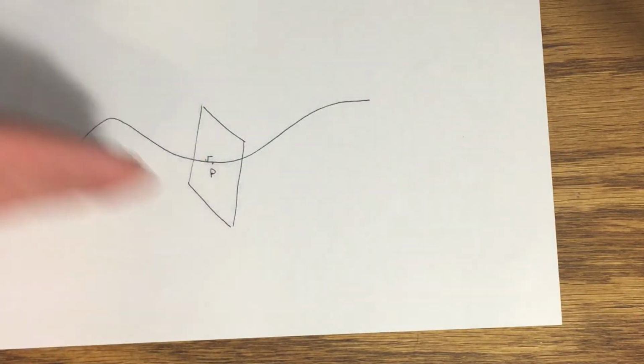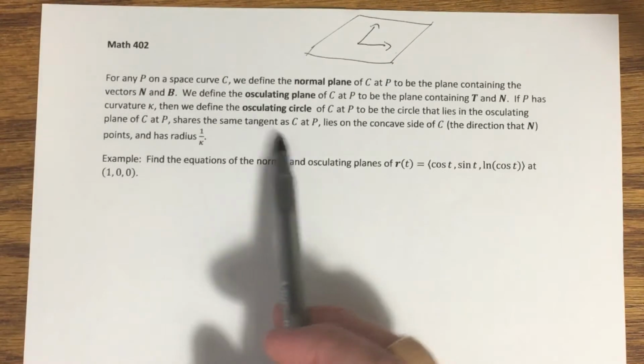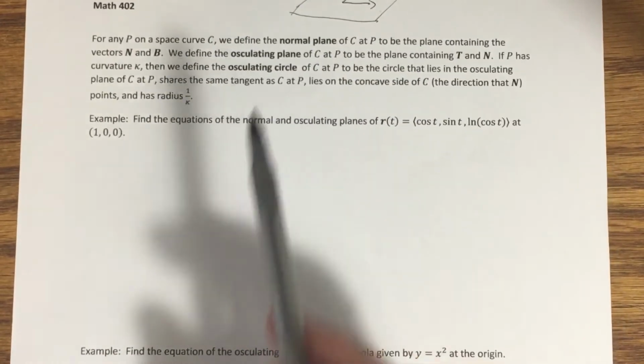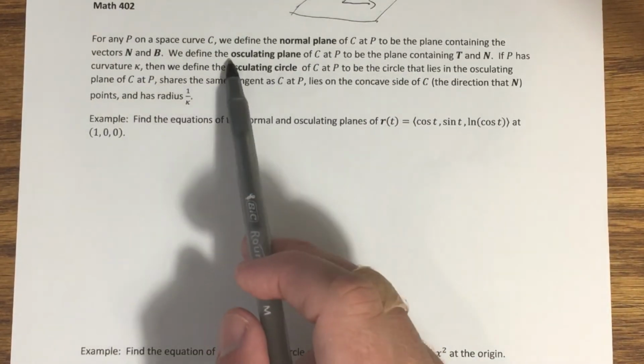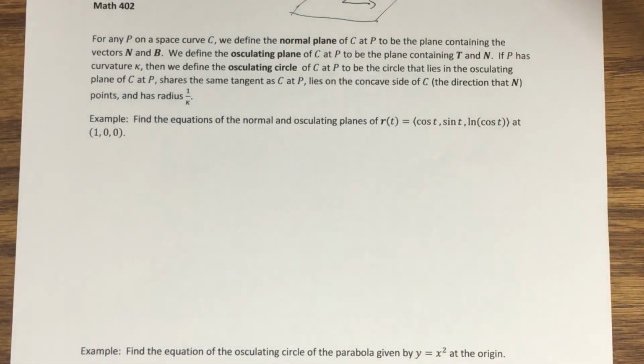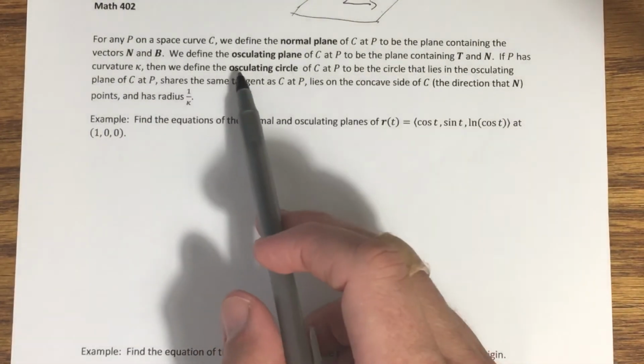So imagine the space curve is piercing that normal plane at a perfect right angle. That's why we call it that. Also associated with point P is something that we call the osculating plane. Osculate means to kiss, and we use it in a word similar to the word tangent.